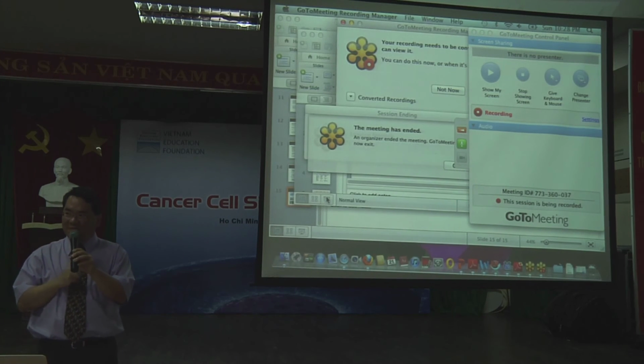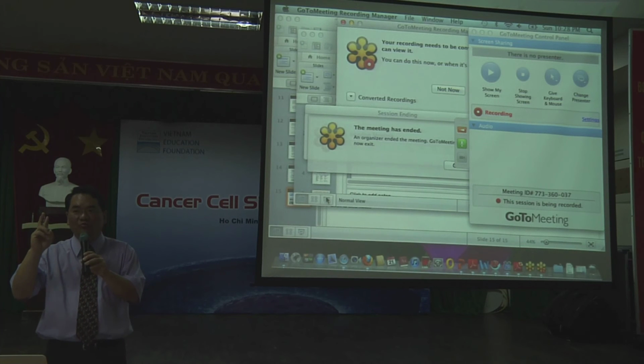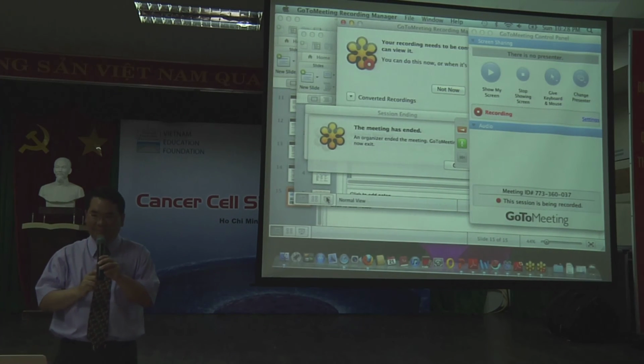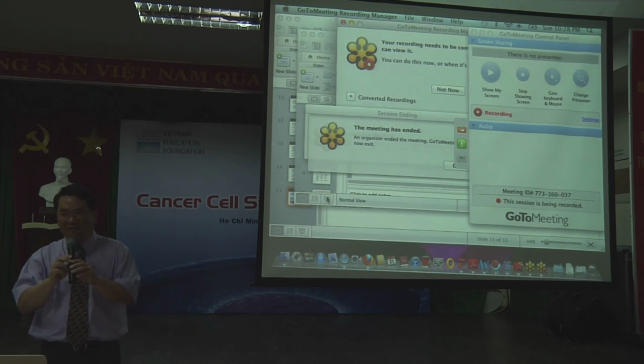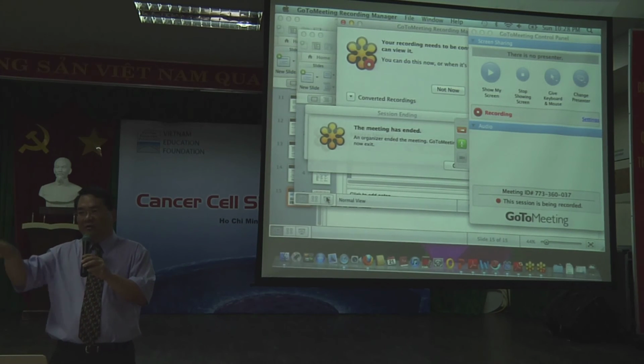But for human, for our mammalian cell, it usually takes about 24 hours to finish the whole cell cycle. According to all these cell cycle clocks, several phases only take a short time. For example, the mitosis phase takes about 30 minutes to 1 hour to complete.